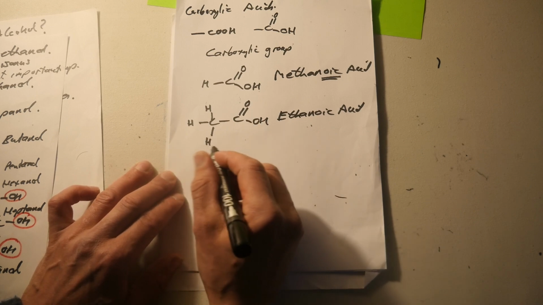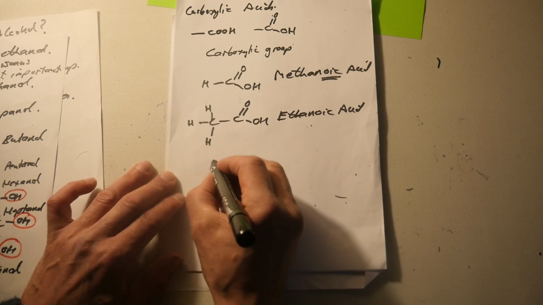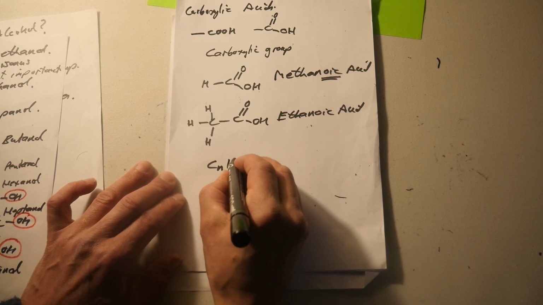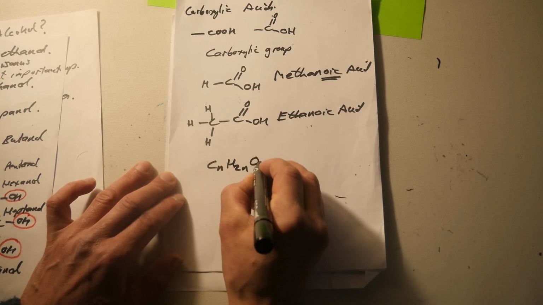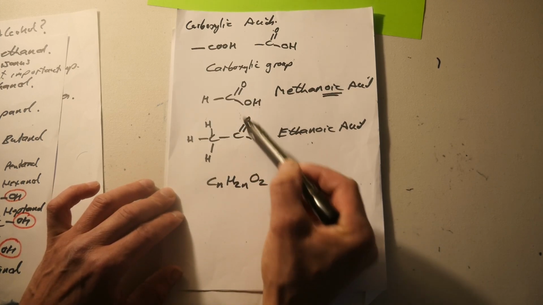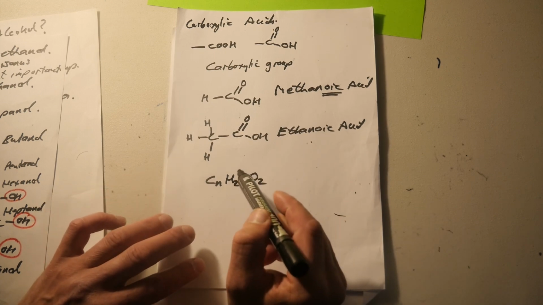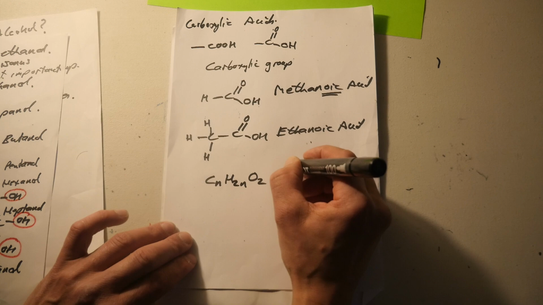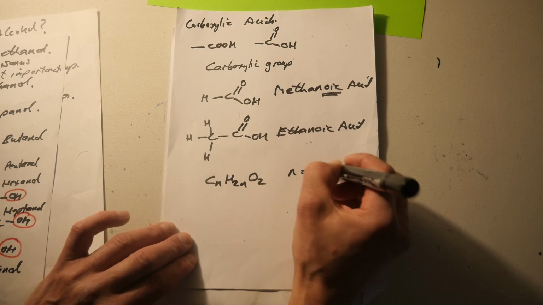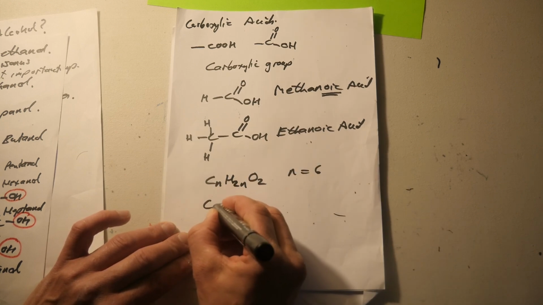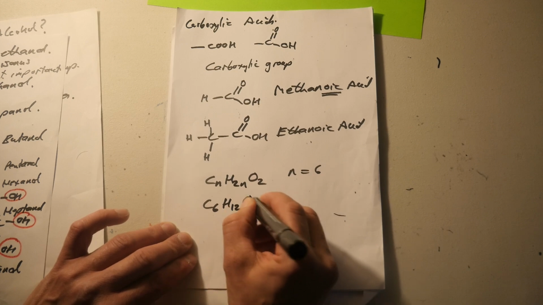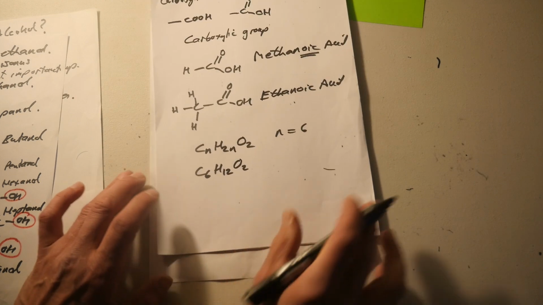The basic formula for these is CnH2nO2, so there are always two oxygens. If you have hexanoic acid, where n equals 6, you have C6H12O2. That's hexanoic acid.